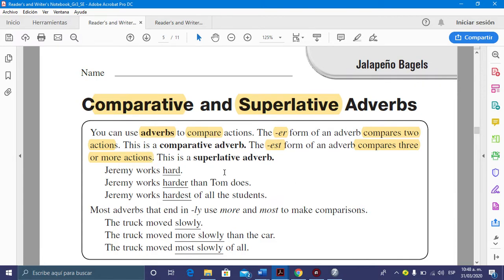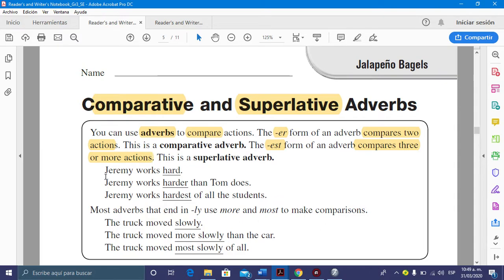And here we have examples. But first, please underline adverbs, underline compare, underline ER, underline compares two actions, underline EST, underline compares three or more actions. Please underline the words that I told you. Okay.